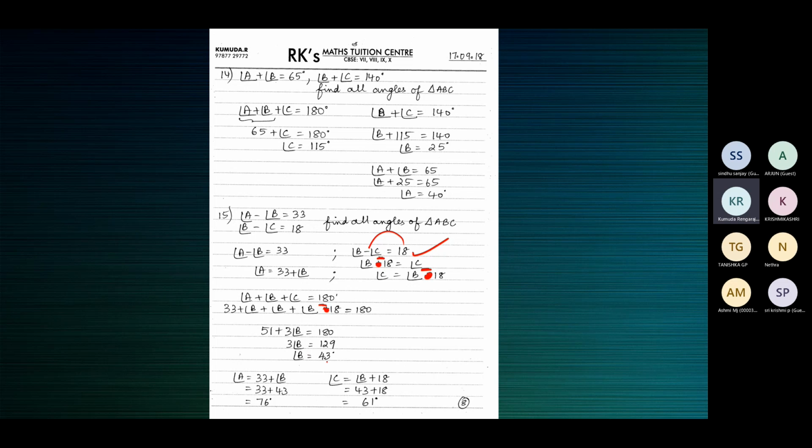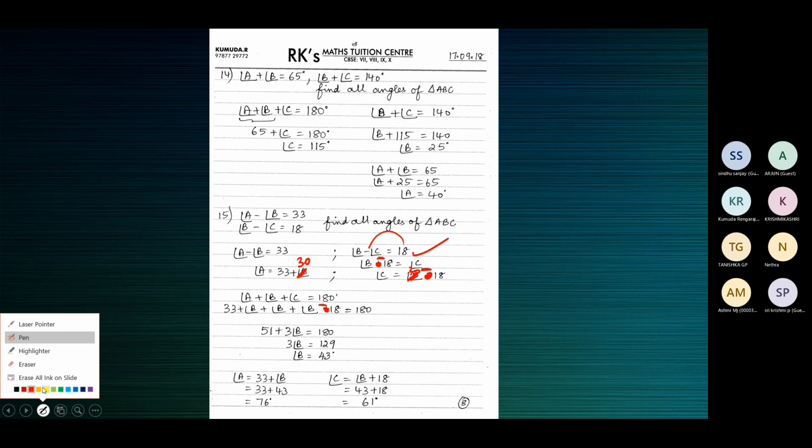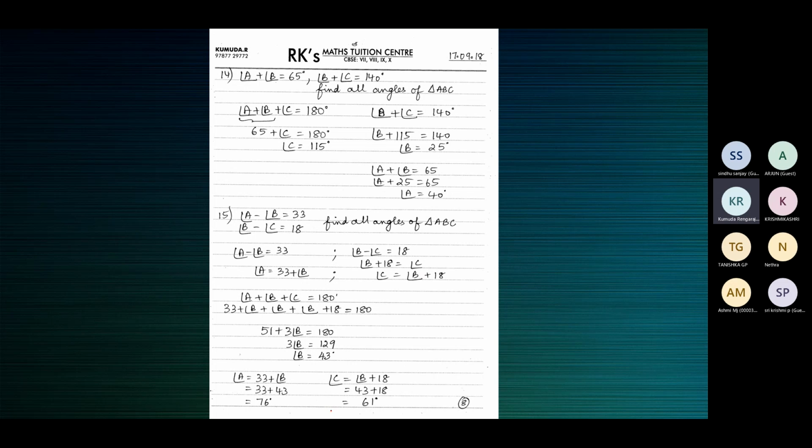On solving this, you will get B, children. This answer is incorrect, so you correct it. Once you get B, suppose you get B as 30, then put the angle here. B is 30, so you'll get A and you'll get C. Please correct this one. The answer looks wrong.